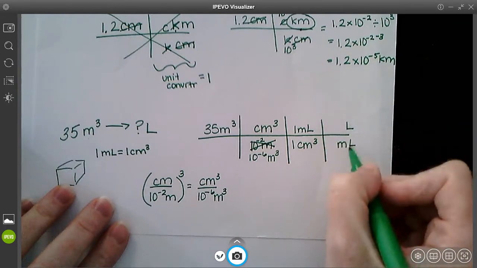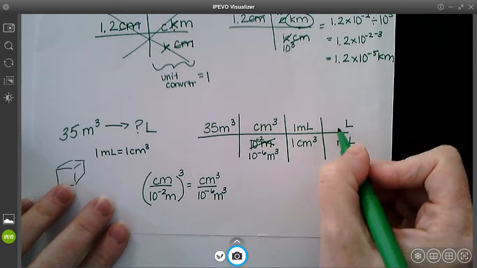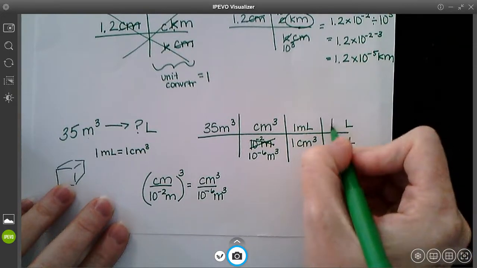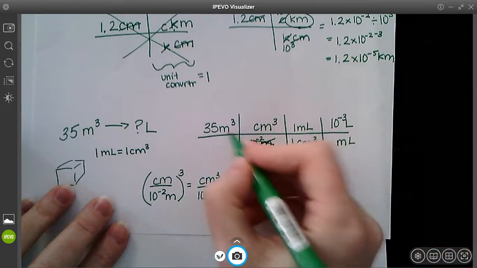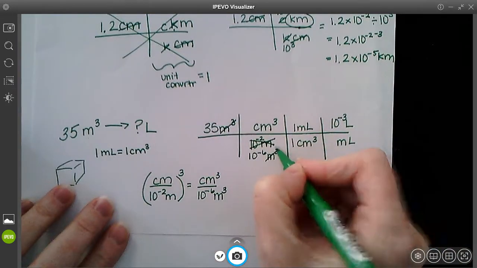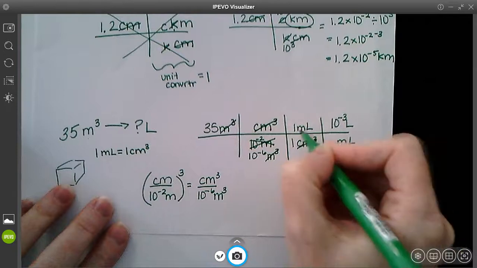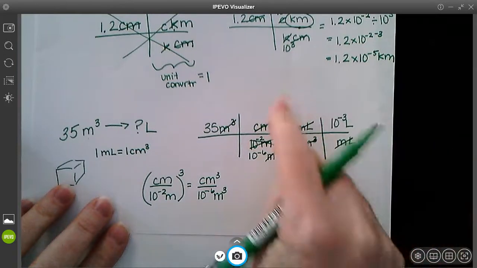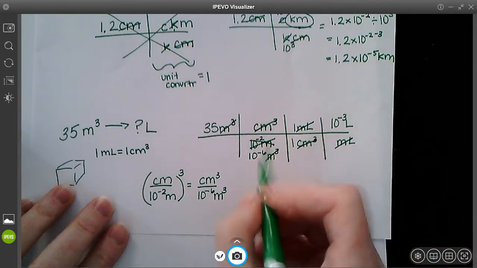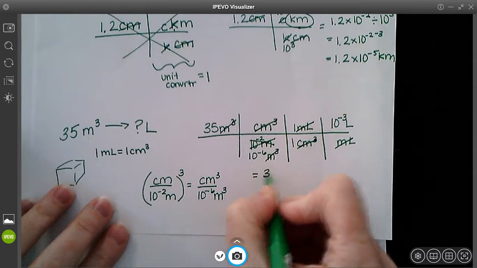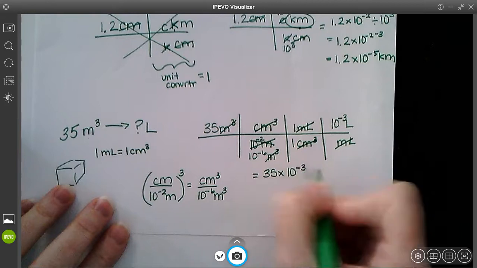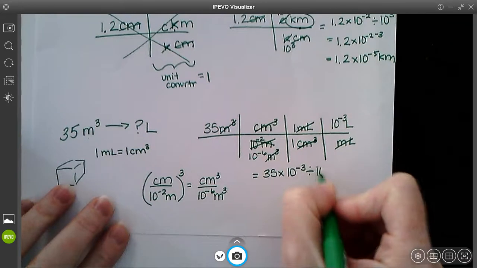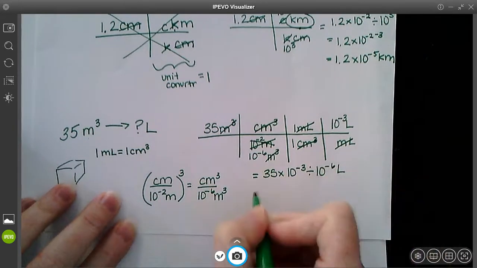I need the same thing top and bottom. I'm missing a milli up here. Milli means 10 to the negative 3, so I put that there. Meters cubed, centimeters cubed, milliliters, milliliters, so on the top and the bottom it'll cancel. This is going to be 35 times 10 to the negative 3 divided by 10 to the negative 6 liters.